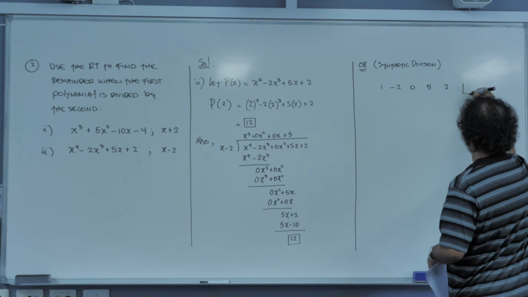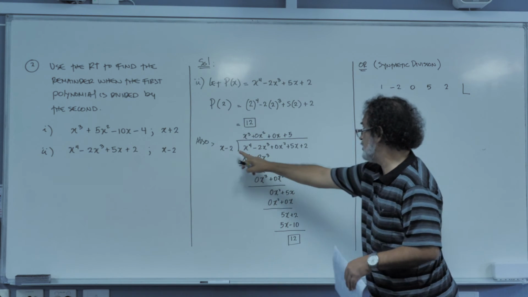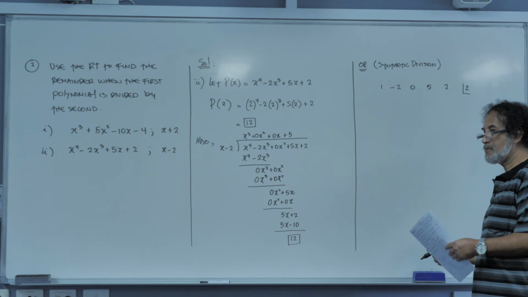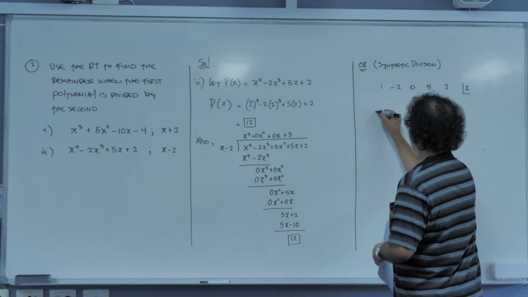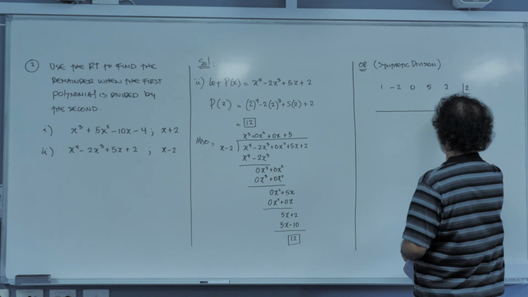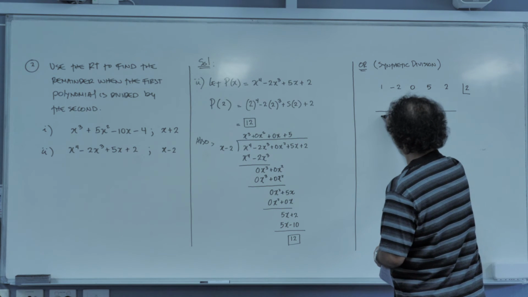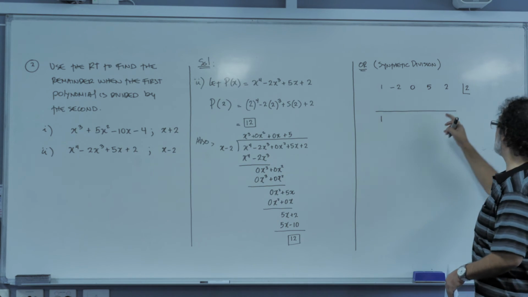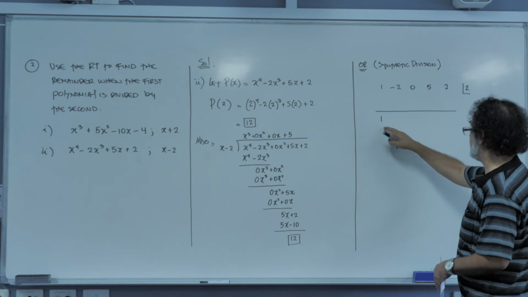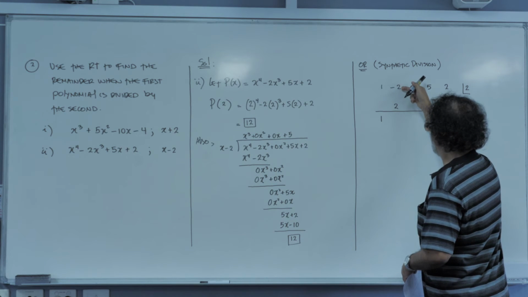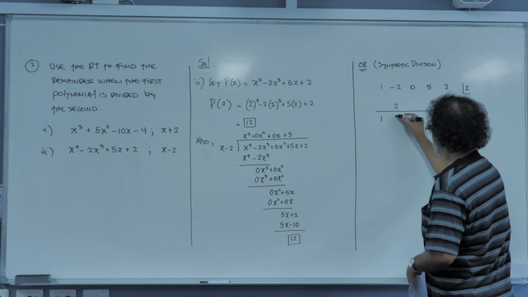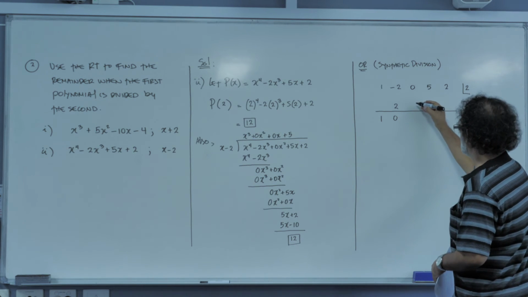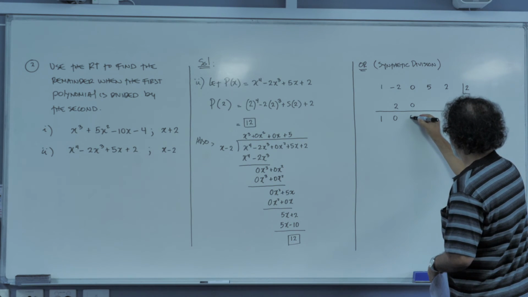Okay, and then in here you're going to put the opposite to that number, so it's going to be 2. All right? And then we're going to draw a line here and bring the first coefficient down. Okay, and then we're going to do, 2 times 1 is 2. And if you operate these two, then the answer is going to be 0. And 2 times 0 is 0. Then we're going to have another 0 in here.